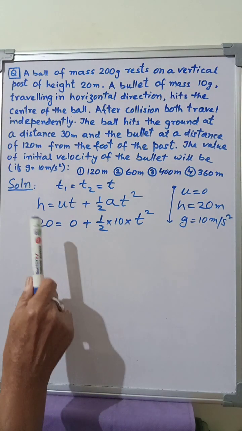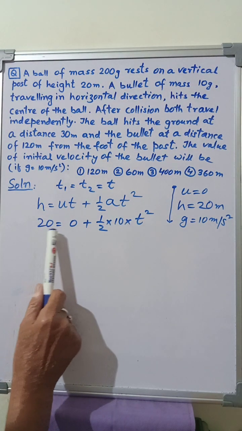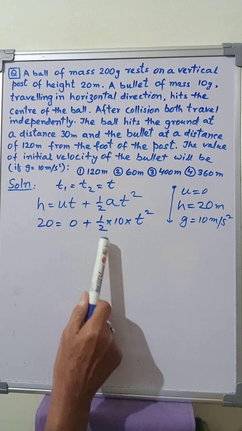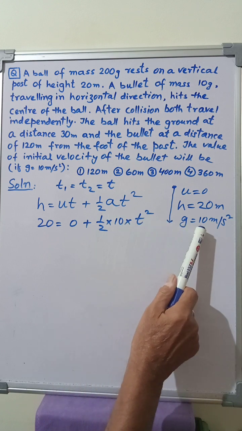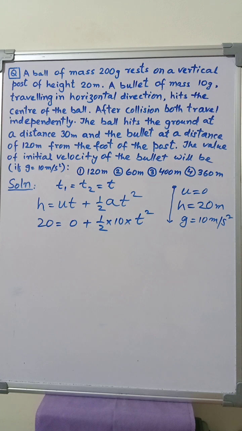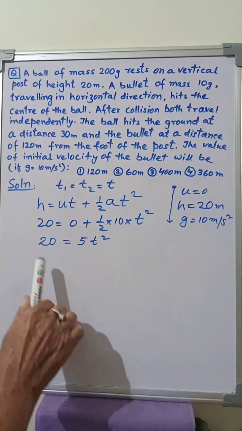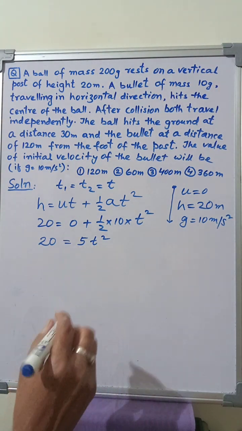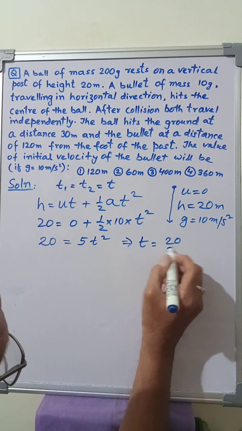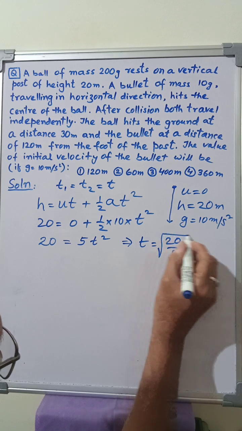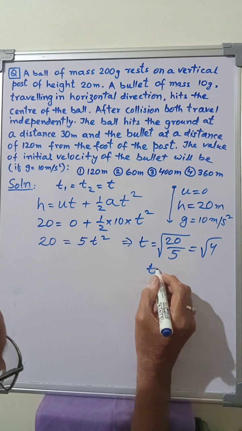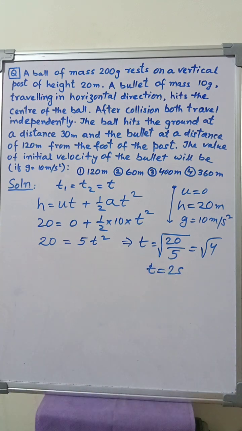Putting the values, we get 20 is equal to 0 plus half into 10 into t square, which simplifies to 20 is equal to 5t square. Therefore, t is equal to root over 20 by 5, which is equal to root over 4, or we can write t is equal to 2 seconds.